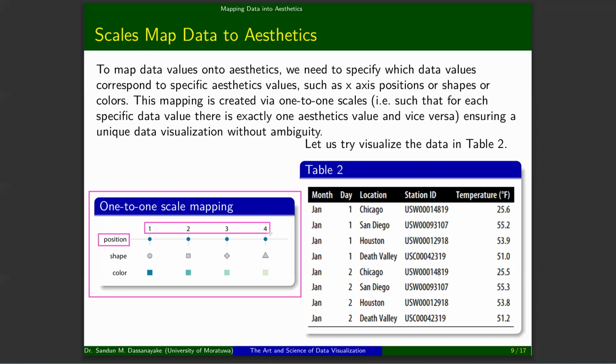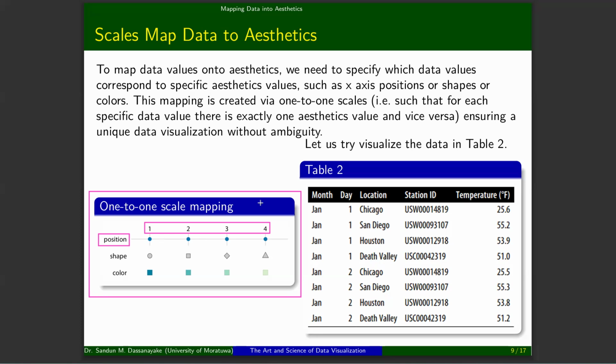So 1, 2, 3, 4 are the values. Position is our aesthetic. We inherently do that. That's why I'm iterating this so much. So when you draw a line, I think your grade 4 teacher, I don't know when you start to do this on the number line, maybe grade 4, grade 5, we are doing the number line, if I'm not mistaken.